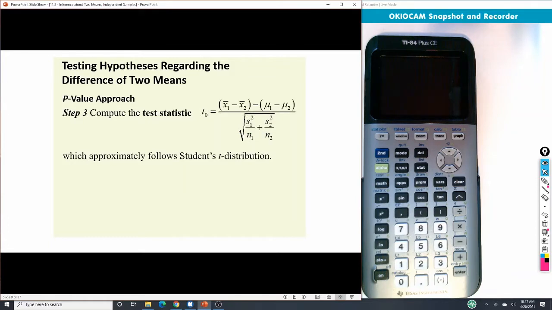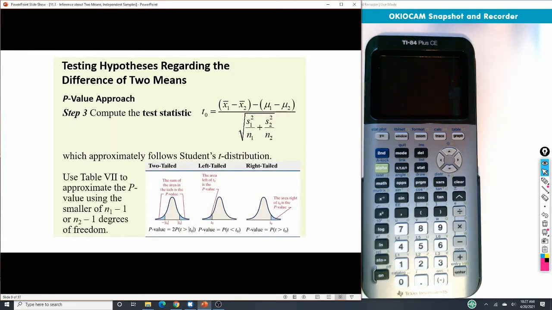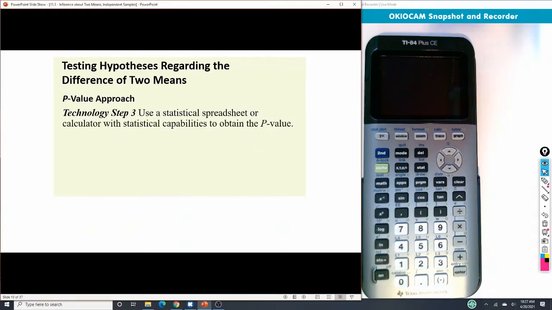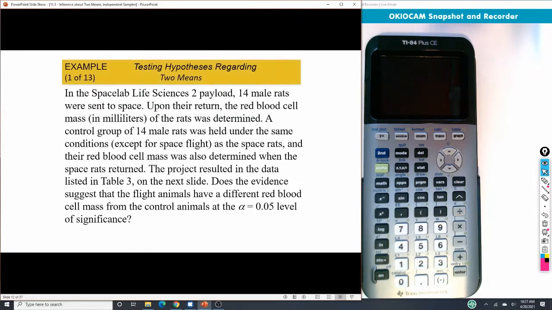Now our p-value, we would still need that test statistic, but here it really says to just use the calculator, and we will do that as well. This is robust, but we always have to be careful with outliers.